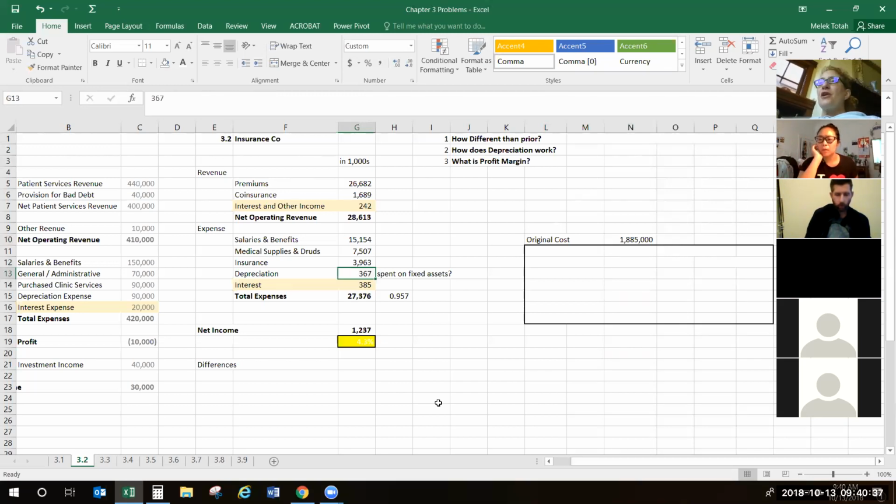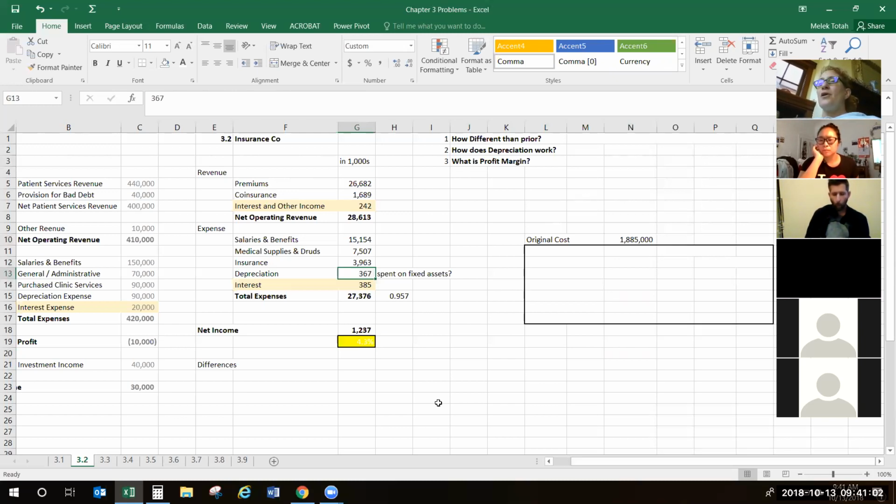And it's usually only going to represent a small portion of it. And so you're not actually expending cash when you depreciate something, right? It's a theoretical erosion of the value of whatever you purchased in the past. So it's really important to know that, because you didn't expend $367,000 in this year. You already bought your asset, a few years ago.